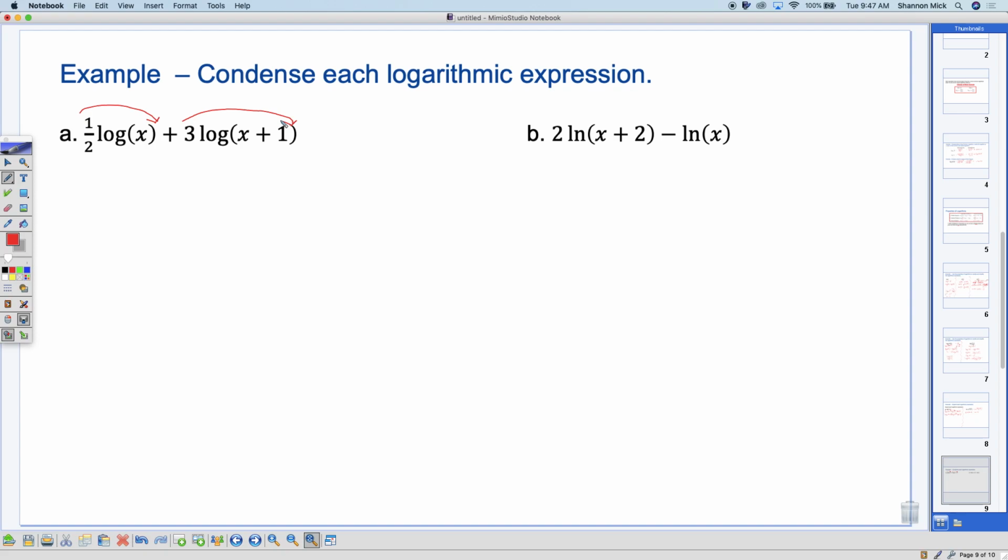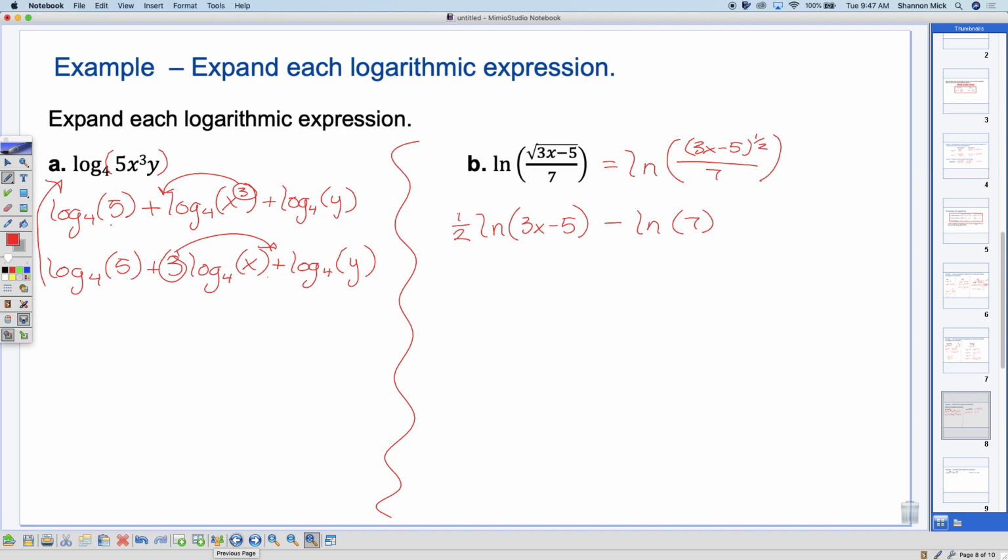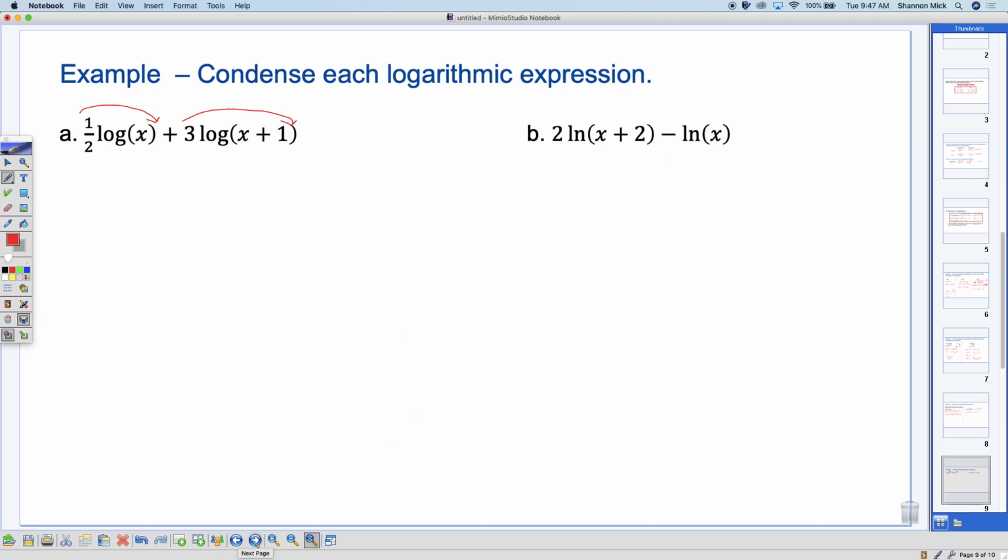When we did these problems, we got lots of logs, yes? When we do these problems, we want to get down to 1 log. We're just putting it back. So the 1/2 came from an exponent, the 3 came from the exponent. So we have log of x to the 1/2 plus log of x plus 1 to the 3rd.